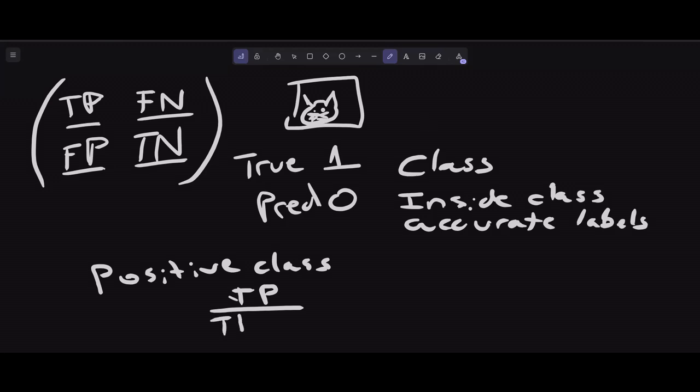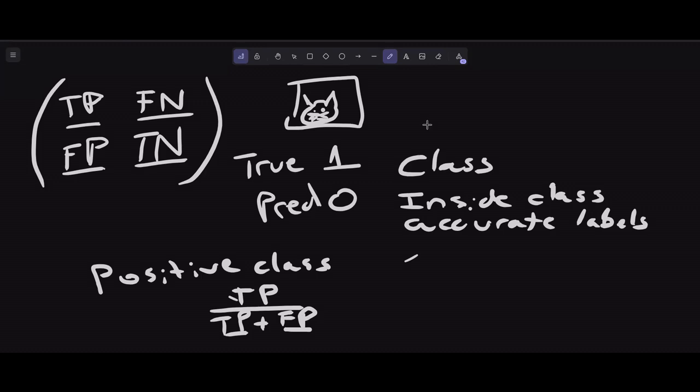So in this case, it would be true positives over true positives plus false positives. And why are we including this? It's similar to what we did in the accuracy case. We're dividing by the correct labels and the ones that were mislabeled. In this case, the false positives represent elements that have a negative true label, but were labeled as positive by our model. So that's why they're also considered.